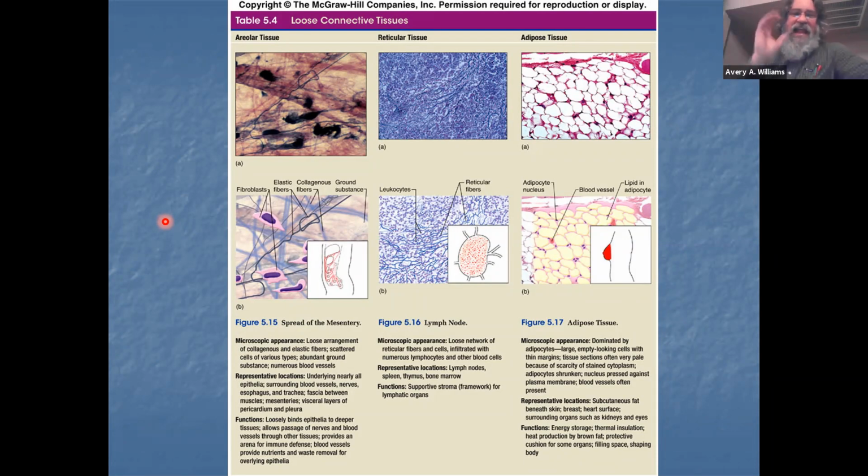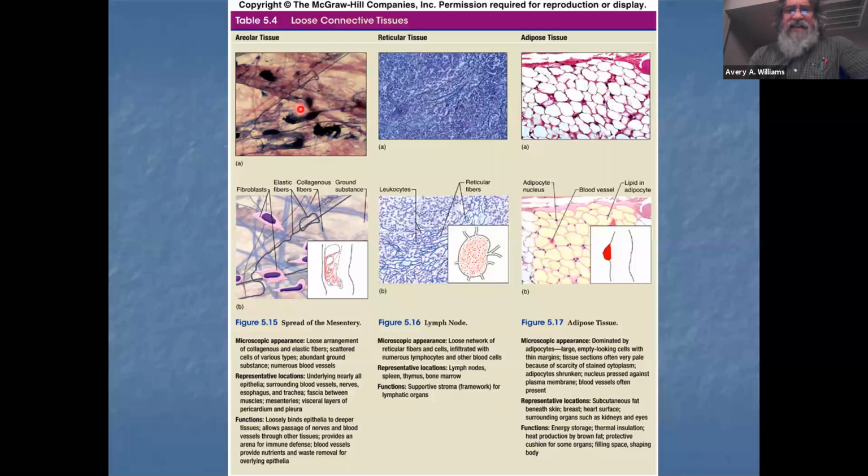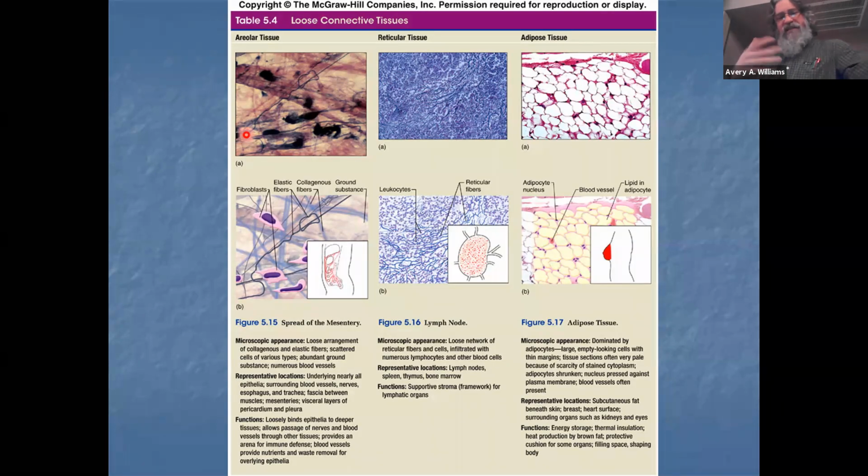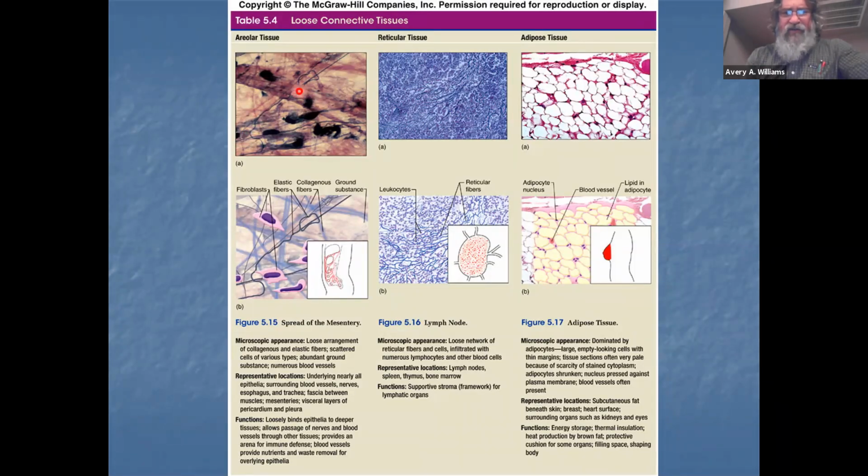Okay, so areolar connective tissue. This is our first loose connective tissue proper. What's areolar? We've started talking about tissues already in lab, so if you're in my labs, you know about this already. It's a loose connective tissue. Remember, loose means you have sparsely distributed cells and proteins. You look at this picture and you go, what the hell is that?